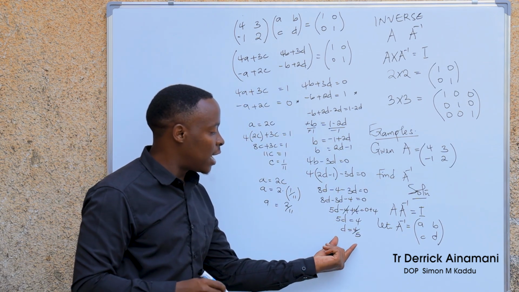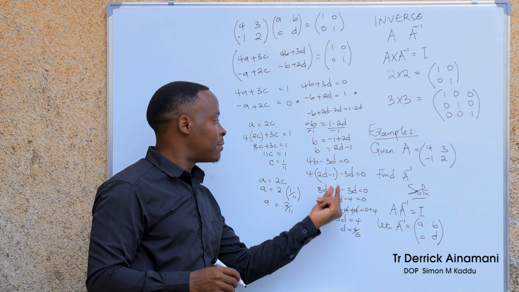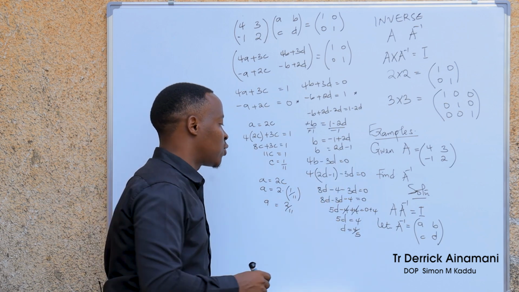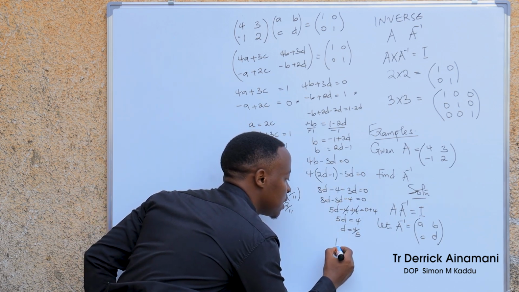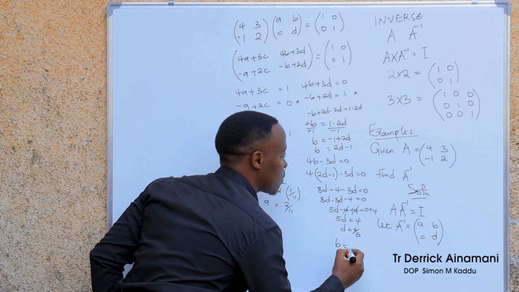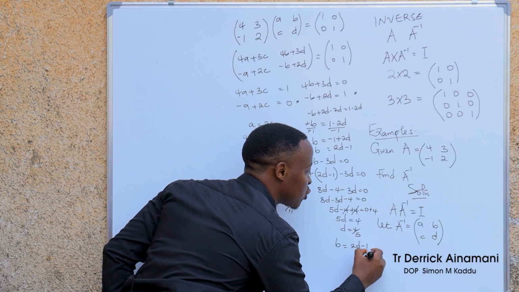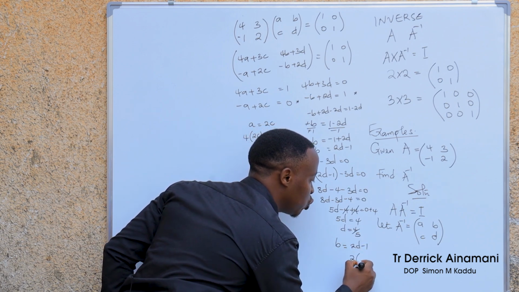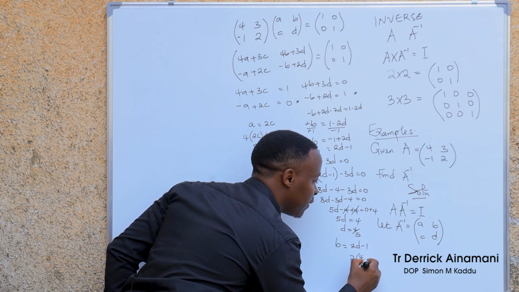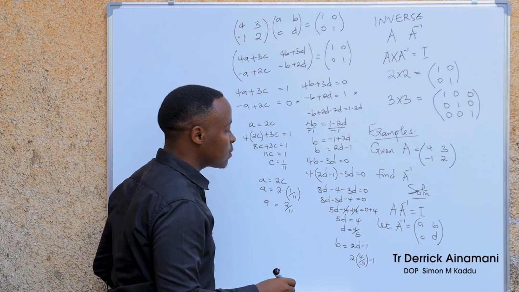Brothers and sisters, I have my d, but I know that my b is equal to 2d minus 1. So I come where b is equal to 2d minus 1. So I get my 2 into d, which is 4 over 5, then minus 1.